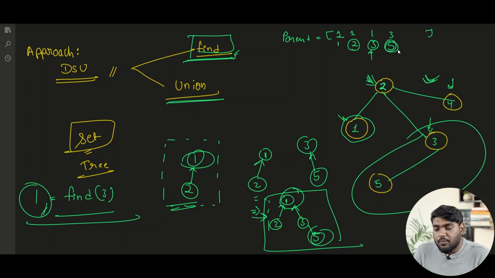The function find will approach it by saying that 5 is having 3 as a parent. Once it reaches 3, it will see that 3 is having 1 as a parent. Then it will reach 1. Then it will see 1 is 1's parent. That means this is the point when your index and the node you are saving becomes equal. This is the point where you have to return in find.